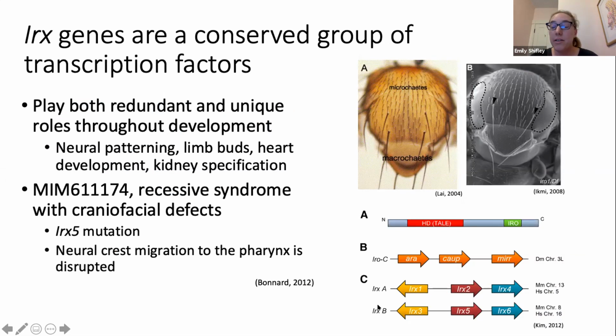And they're known to play really important roles in lots of different areas of development: kidney development, brain patterning, limb buds, even heart development. But no one's really looked a lot at what they do in the developing pharynx. And there is one rare recessive syndrome in humans that has a mutation in Iroquois 5. And they found using Xenopus that neural crest migration into the pharynx was disrupted.